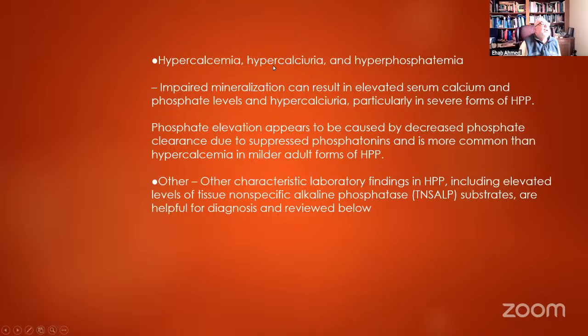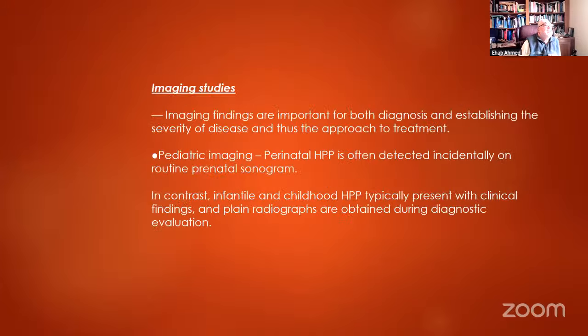Hypercalcemia, hypercalciuria, hyperphosphatemia, hyperphosphaturia, and nephrocalcinosis. Impaired mineralization, baby will look like rickets, severe rickets with fractures. And high PPi, as we mentioned, and the genetic testing to confirm the diagnosis.